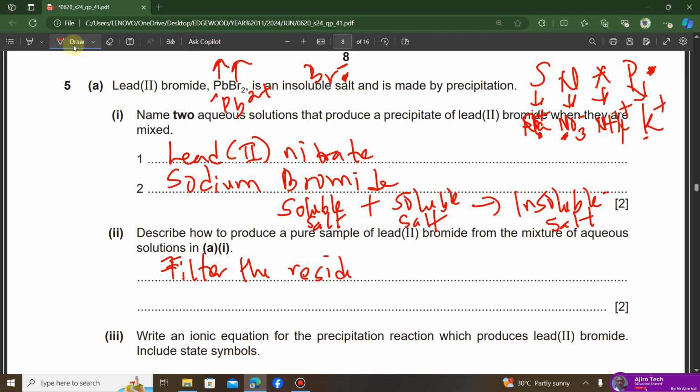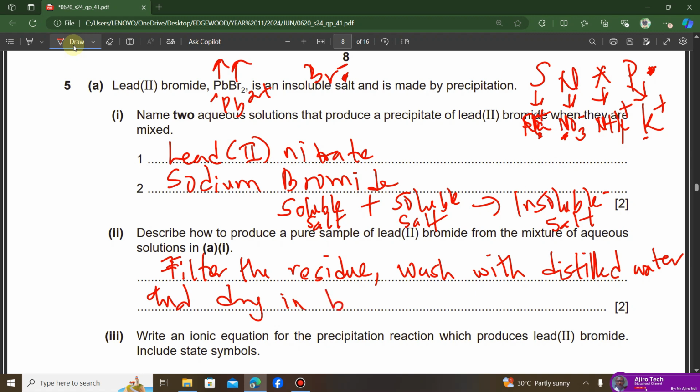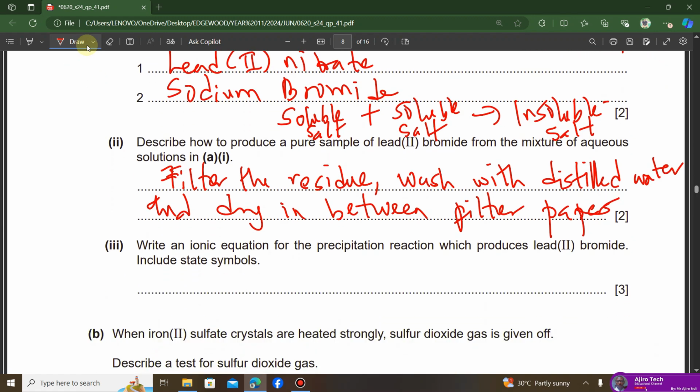After filtering the residue, wash with distilled water and dry in between filter papers. So this is how to obtain a pure sample of an insoluble salt.